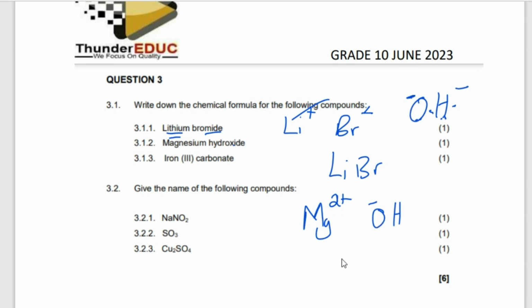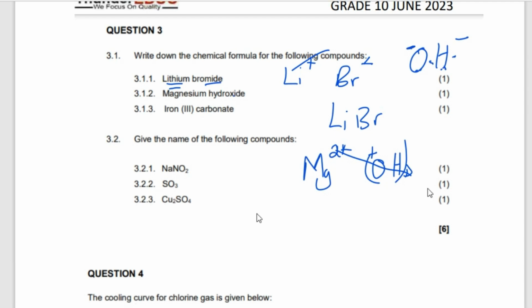So the negative and the positive cancel, and the 2 goes there. This 2 is going to govern the whole structure, because it is 1 species. Therefore, magnesium hydroxide, you put a 2 like that.